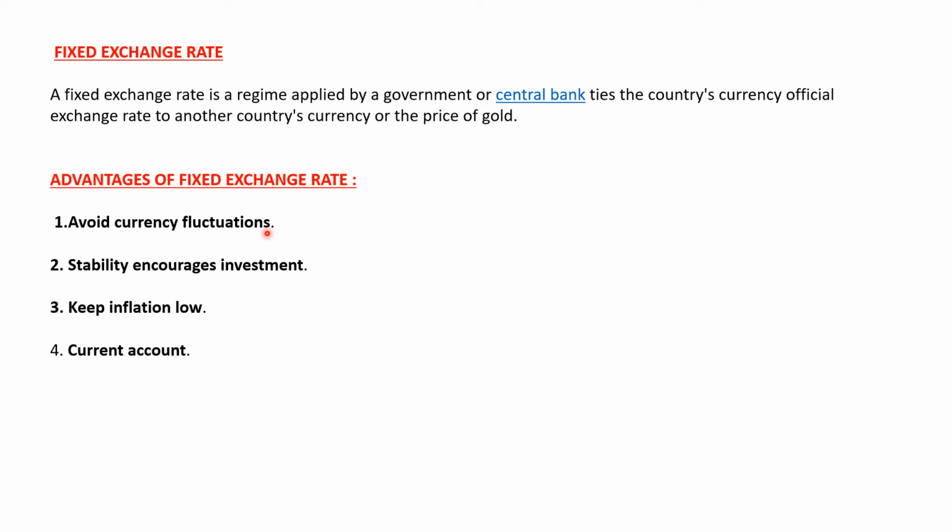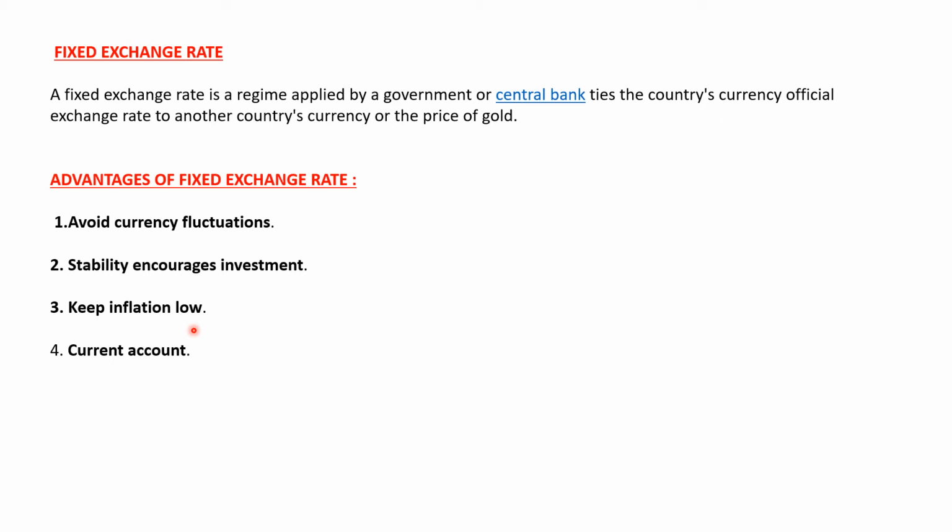Then the second one is stability encourages investment. Yes, the fixed exchange rate encourages investment because it gives certainty to the investor. And the third advantage is keeping inflation low. If the government allows devaluation of currency, it can cause inflation because aggregate demand increases for exports.